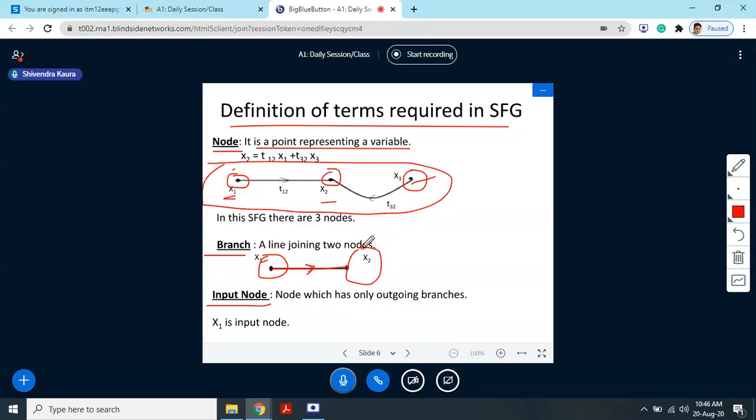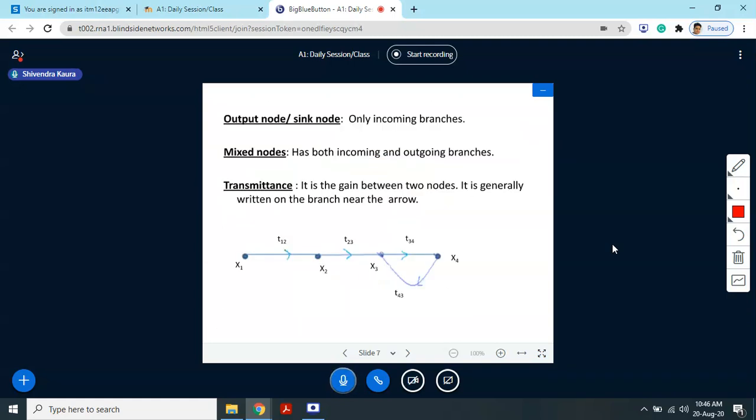So you can also define the input node as the node where there are only outgoing branches, because from the input your control system will start, and at the output node there are only incoming branches. There are no outgoing branches from the output node. All the branches will be incoming to your output node. And there are some mixed nodes.